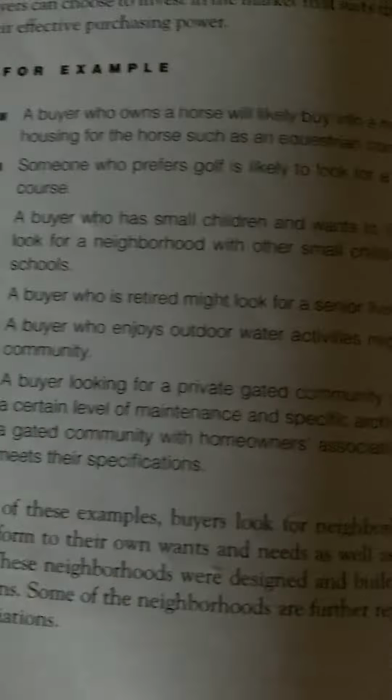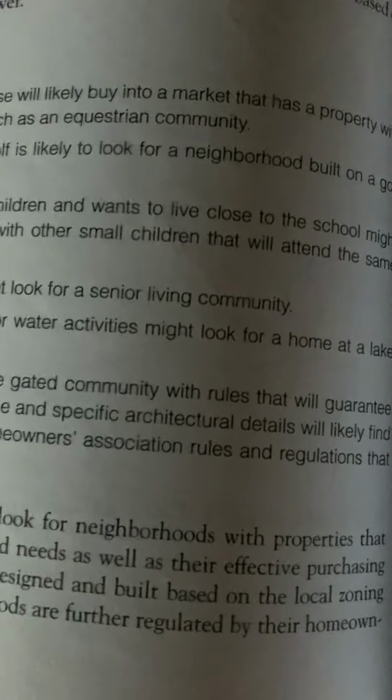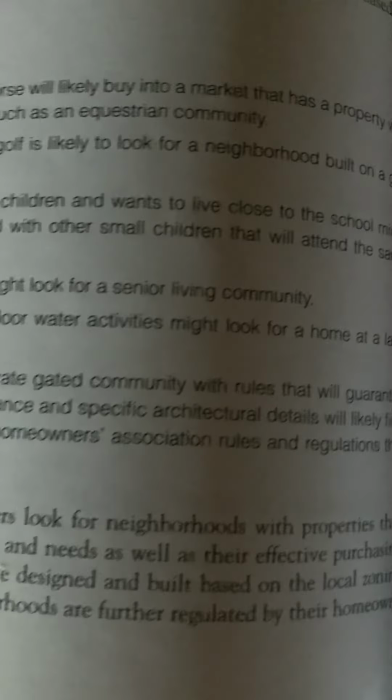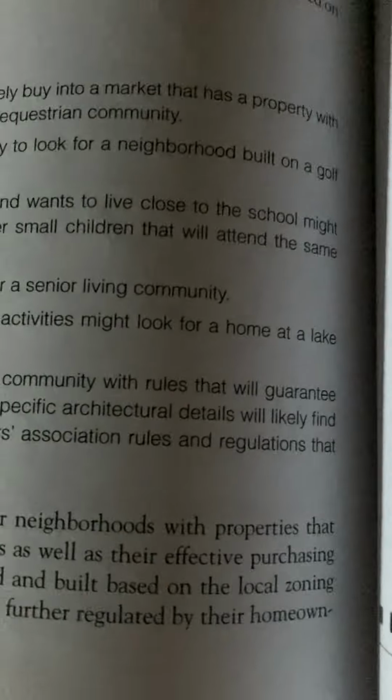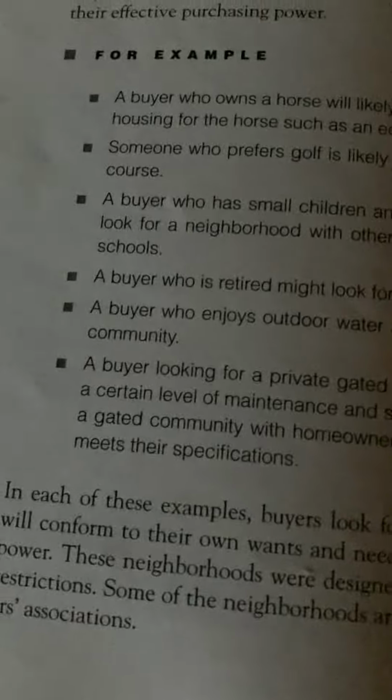A buyer looking for a private gated community with rules that will guarantee a certain level of maintenance and specific architectural details will likely find a gated community with homeowners association rules and regulations that meets their specifications.